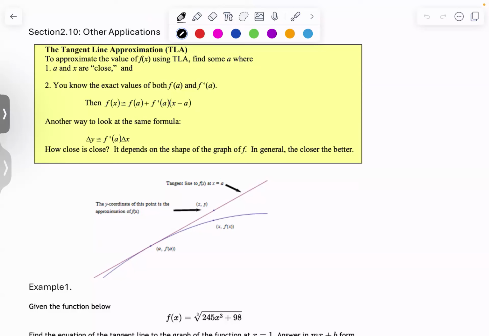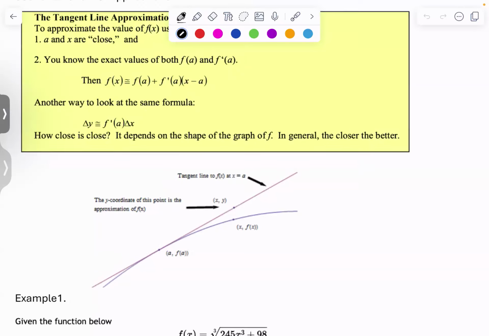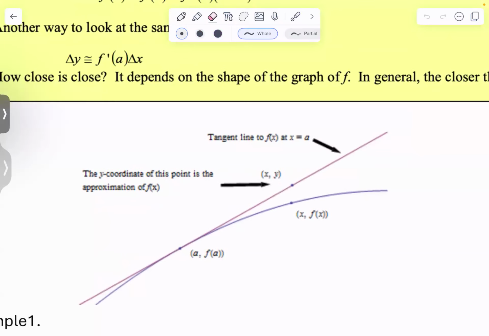The idea behind this is a tangent line, once again, is a line that touches a graph at exactly one spot. And if we use this graph here, we are looking at this specific spot here.